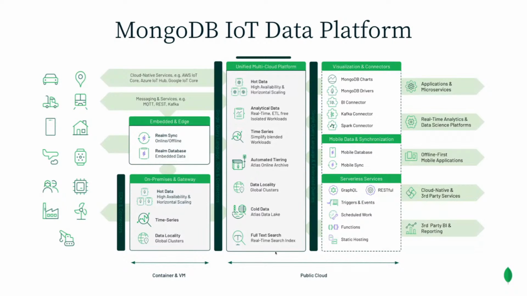And the last two features, which I think are actually really interesting, are the data lake storage that you have with Atlas, so you can take your data and store it into S3 automatically from Mongo, so that you can have cold data storage as well. And the full text search, which we've released on top of Lucene, where you can use Lucene text search to interact with your data.